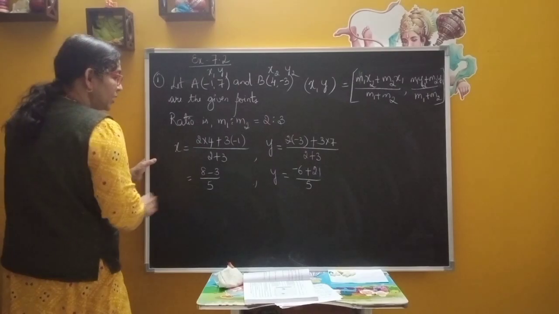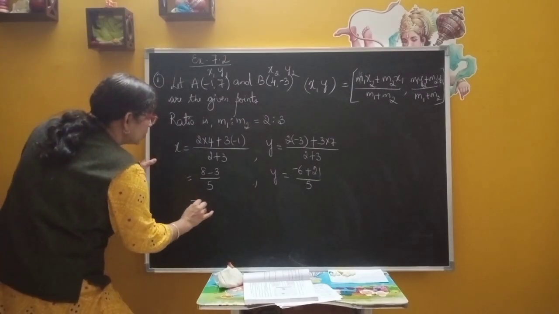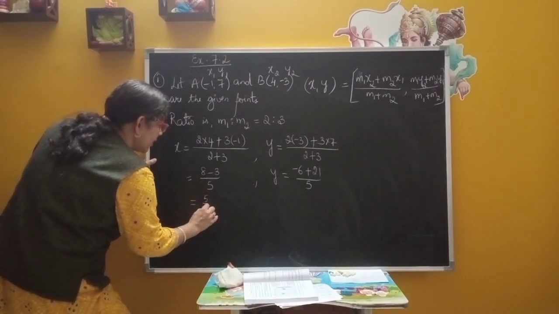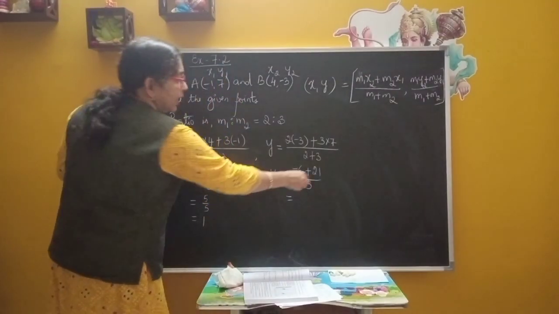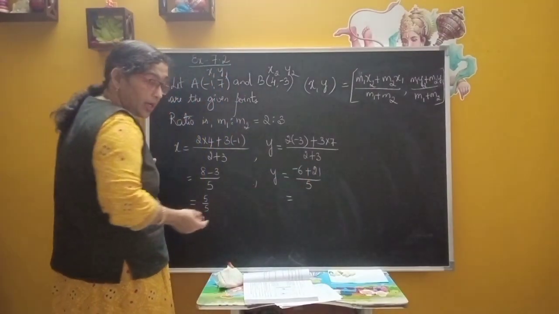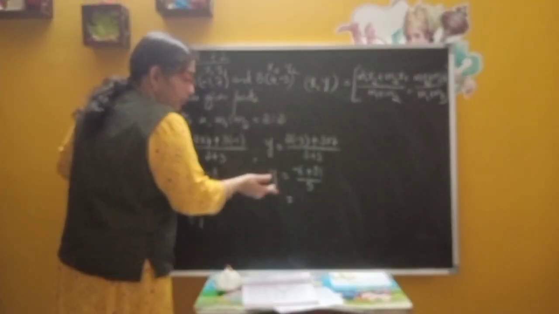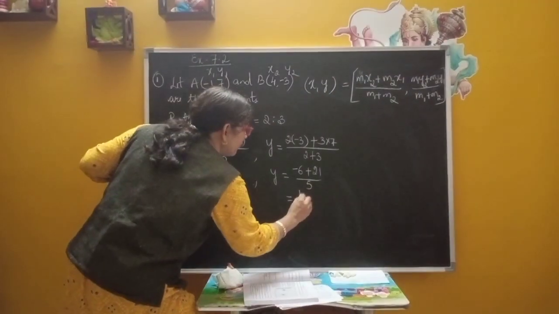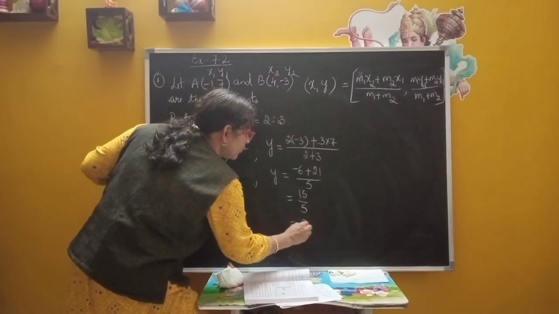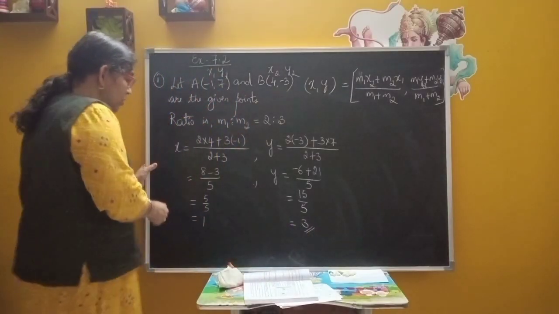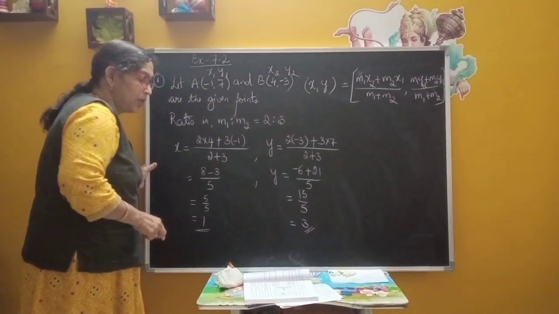So what do we get here? So x is equal to 8 minus 3, 5 by 5. So it is equal to 1. So here y is equal to 21 minus 6 is, how much we get? It is 21 minus 6 is 15. So 15 by 5, how much we get? It is equal to 3, 5 3s are 15. So which are the coordinates of the given point?